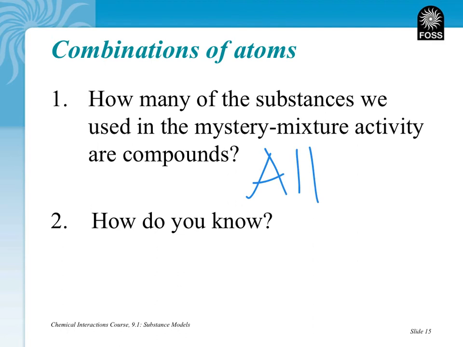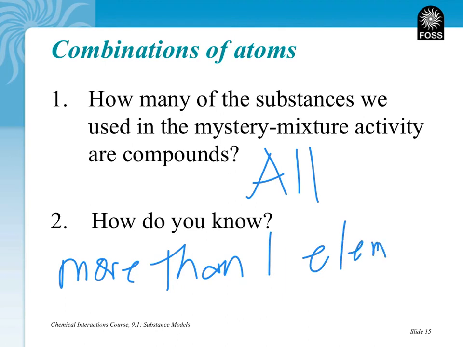How do we know? More than one element in each. Every single one of them had more than one element, C's and H's and O's and Na's and Ca's and Cl's, all of those. So all of those were compounds on the mystery mixture activities.